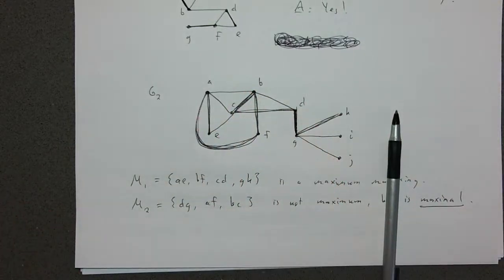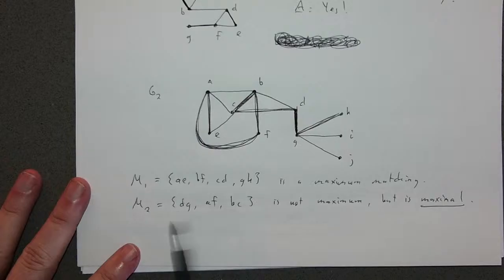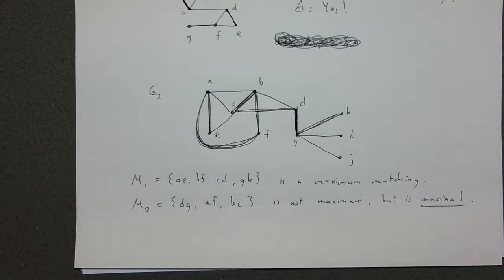So I cannot add another single edge to this matching and have it still be a matching. So it is maximal in that sense, but it's not maximum because there's only 3 of these things. So that is the reason for the distinction. If you were wondering why we had a distinction like this in the first place, this is the reason for something like this.